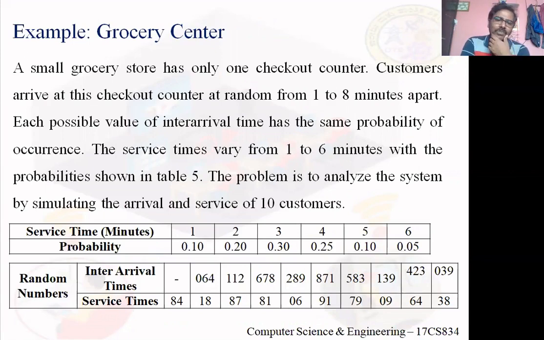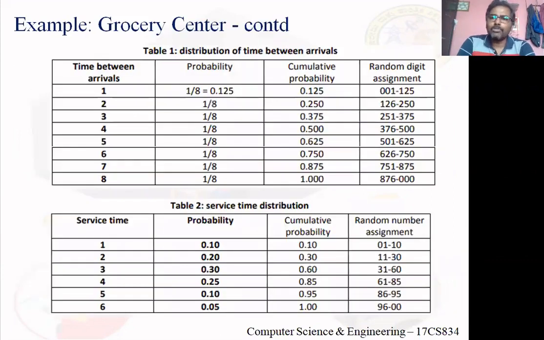Got it? So the next inter-arrival time random number I give is 064. So what time does 64 represent? Of course, it represents one of the possible 8 values, that is 1 or 2 or 3 or 4 or 5 or 6 or 7 or 8. But what value 64 represents, you need to look in this random digit assignment. So 64 is in the range 1 to 125, right? So between in this range 64 exists.